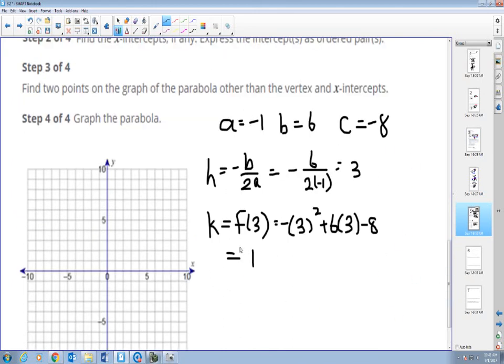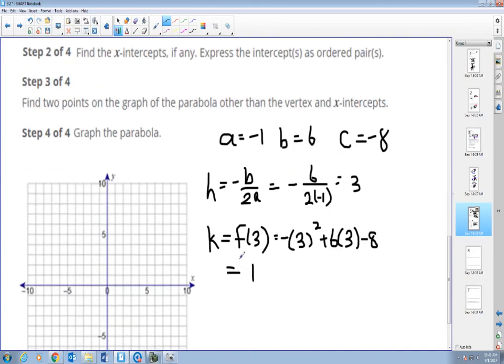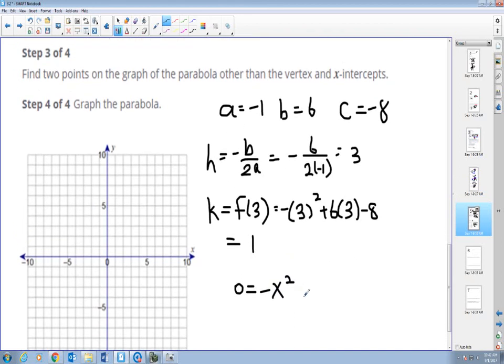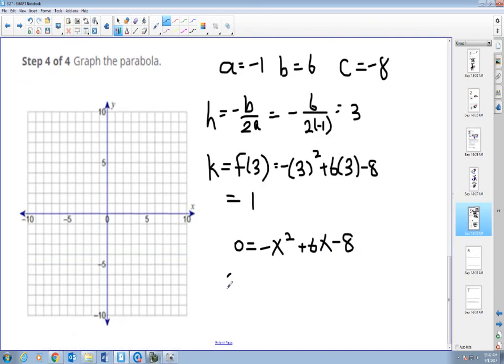Alright, so without looking at the table, because to look at the table, I'm looking for the y value equal to 0. I'm just going to do this one, negative x squared plus 6x minus 8. Alright, I'm going to try to factor this one, okay? I don't want my leading term to be negative, so I will factor out a -1.